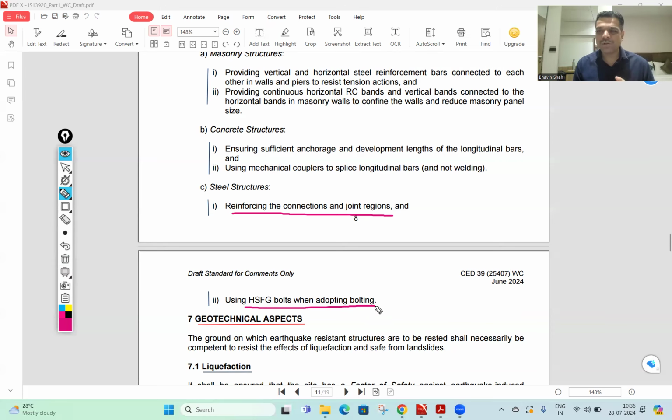In a small to medium scale project, of course; in a large scale project, HSFG bolts can be adopted. But here it says that HSFG bolts are to be considered for steel structures, and of course, reinforcing the connections at the joint region. These are the ways by which we can make the connections elastic.